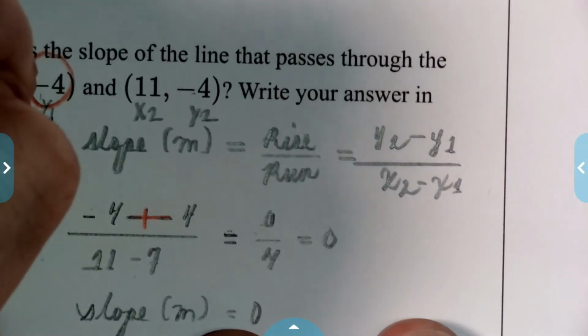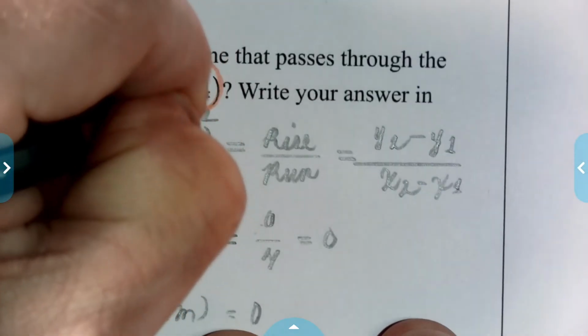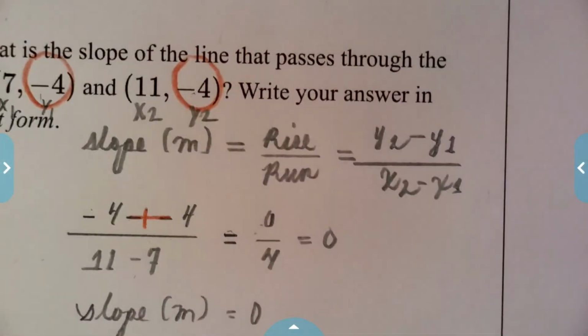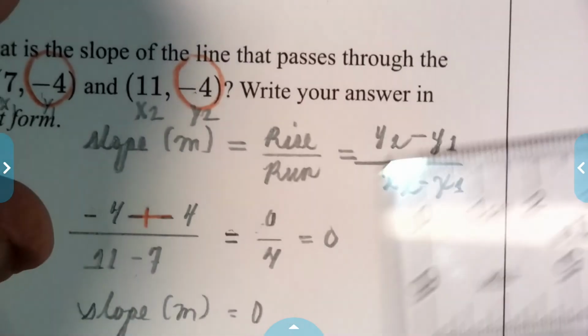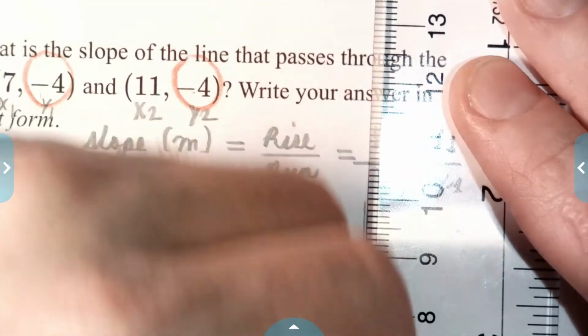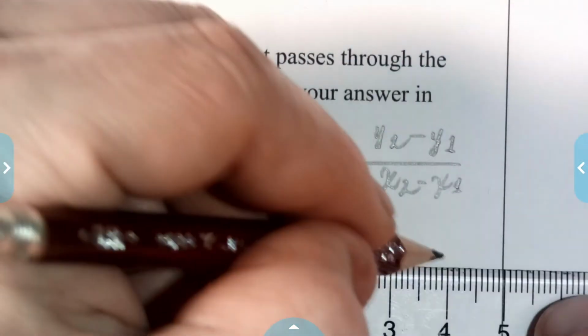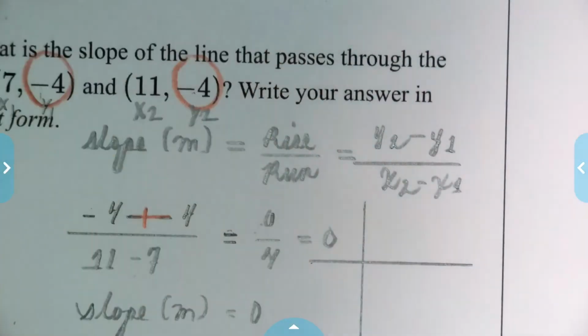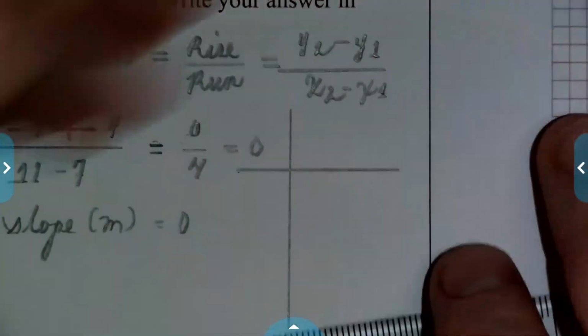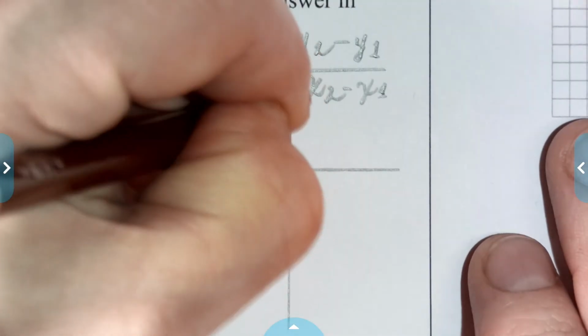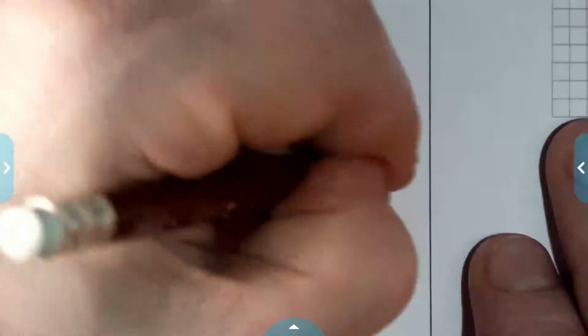See how these are the same? This is a flat line passing through -4. So if I was to graph this, very quickly here, you get your y-axis and your x-axis.